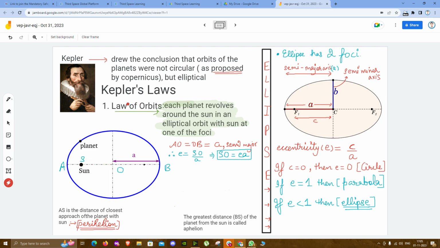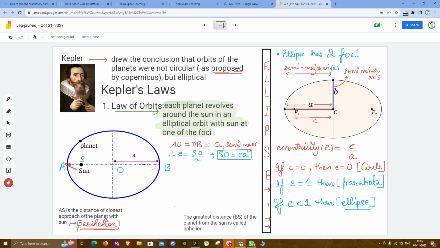In the case of Kepler's law, this is what Kepler observed. The sun was at one of the foci, and the planet is revolving in an elliptical manner. And here, let's say AO is equal to OB.